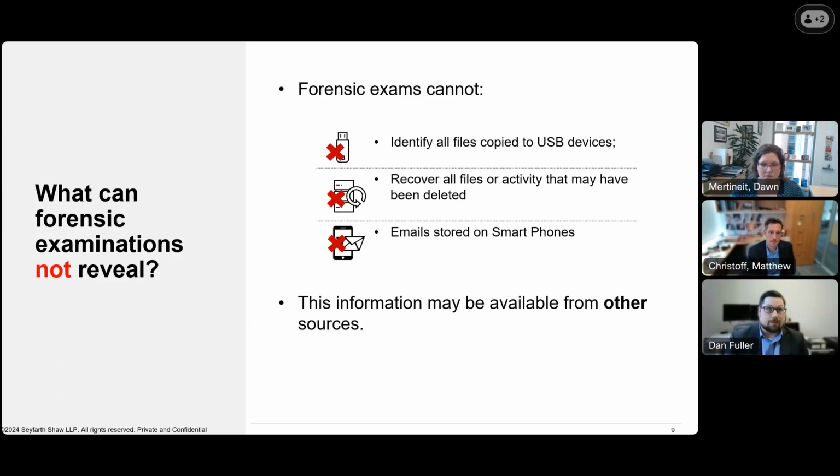In terms of smartphones, we are also asked, can you get the email that's on smartphones? It really depends on the type of collection. Phones are a different beast in themselves, where the compatibility of our tools depends on the type of phone and the version of the software running on the phone.